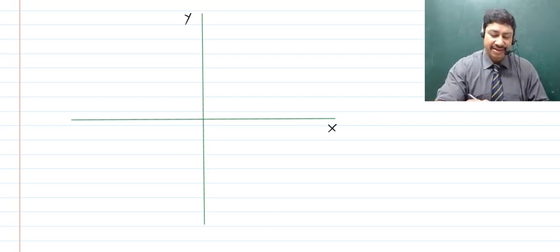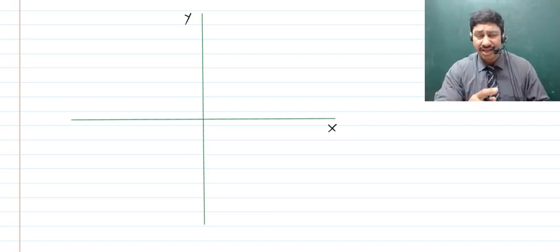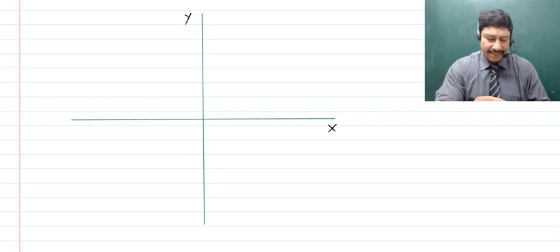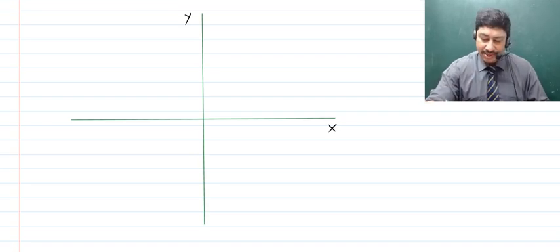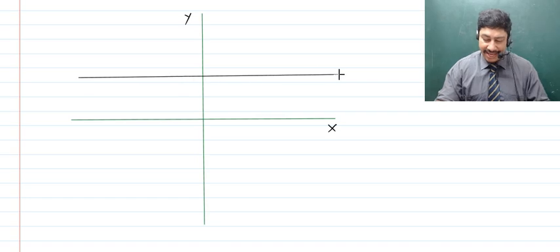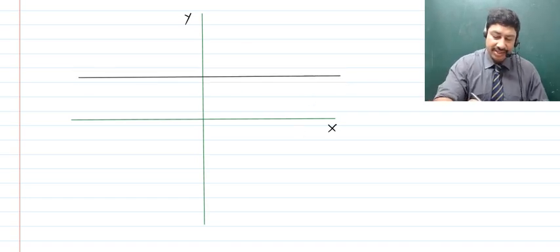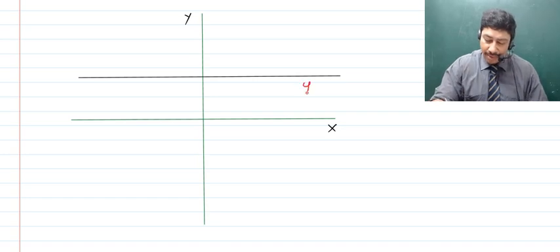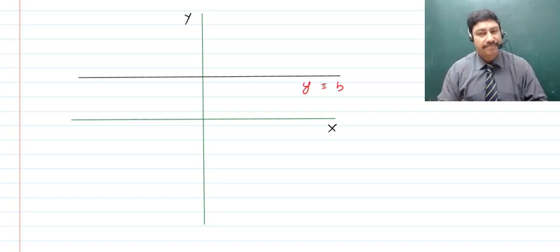Now we can have straight lines which are in three forms. That is, a straight line can be one which is parallel to the x-axis, right? Remember, its equation is given by y = b, right?